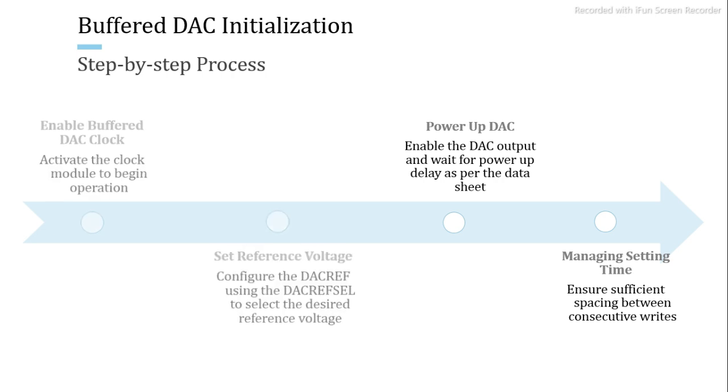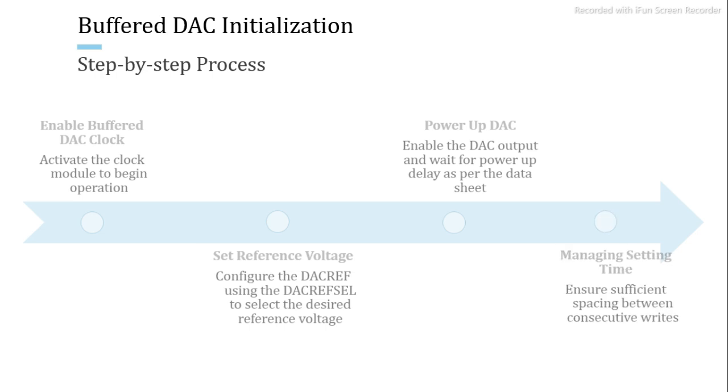Configure the DAC ref using the DAC ref selection to select the desired reference voltage. Next, power up the DAC. Enable the DAC output and wait for the power-up delay as per the data sheet. The last one is managing settling times. Ensure sufficient spacing between consecutive writes.